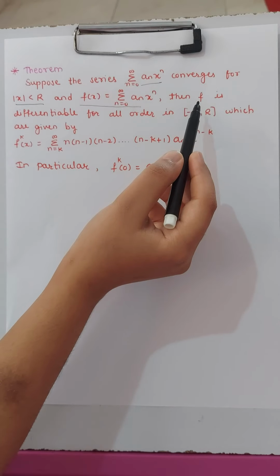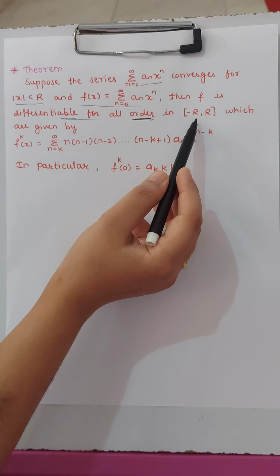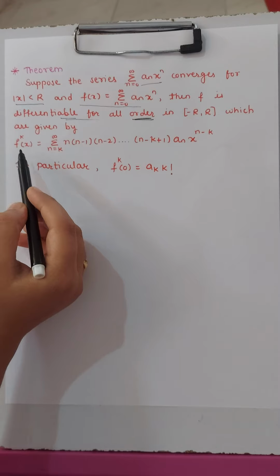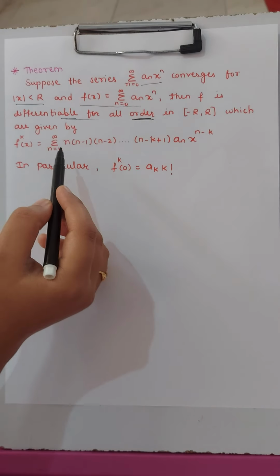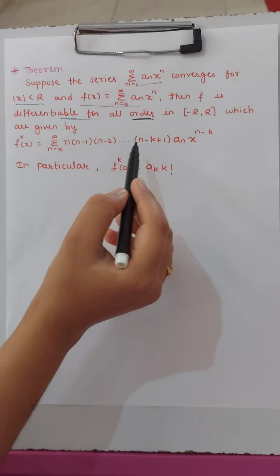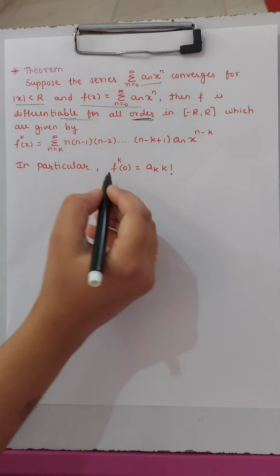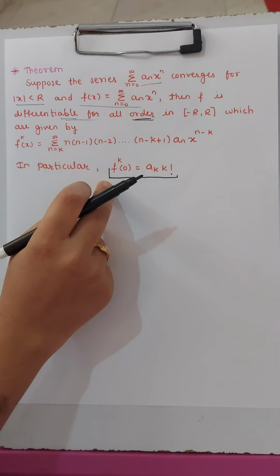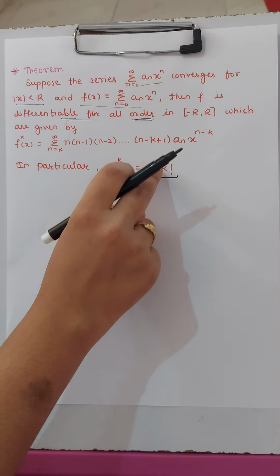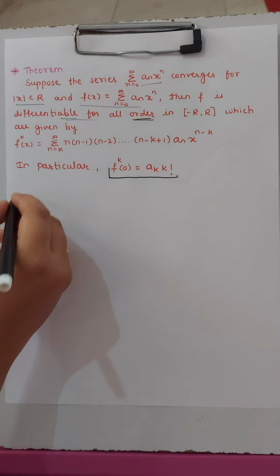Then we have to prove that f is differentiable of all orders in the interval minus r to r, and the kth derivative f^(k) of x equals summation n from k to infinity n(n minus 1)(n minus 2) up to (n minus k plus 1) a n x to the power n minus k, and in particular the kth derivative at point 0 equals a k multiplied by k factorial. So, proof.